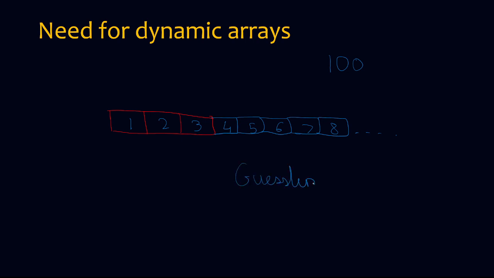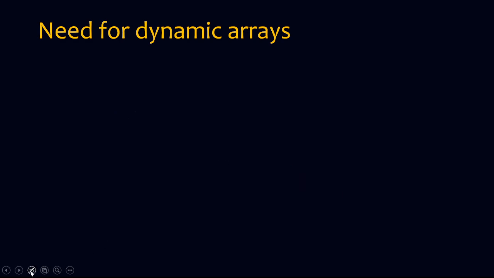That hey, let's just guesstimate that whatever the size of the current array is, I'll just double it each time I get a new element, right? So if I have two elements by default, two elements, this is my initial length.